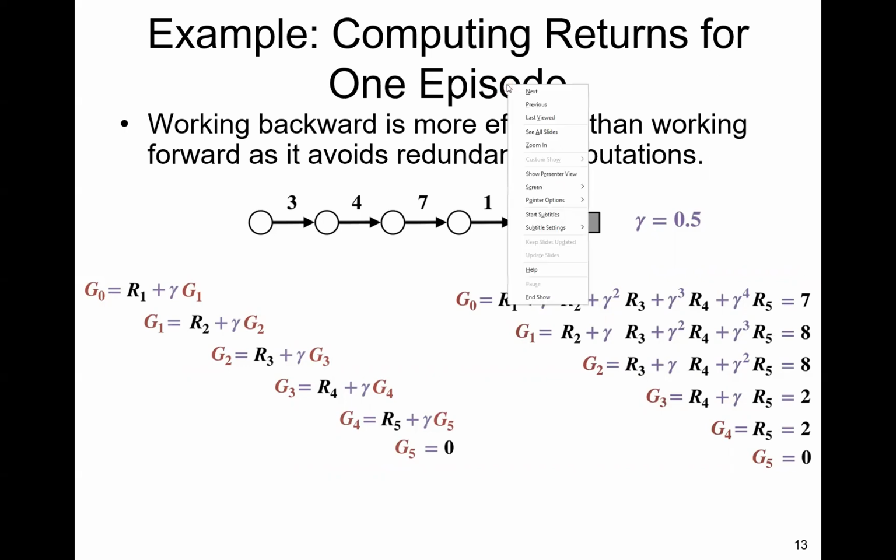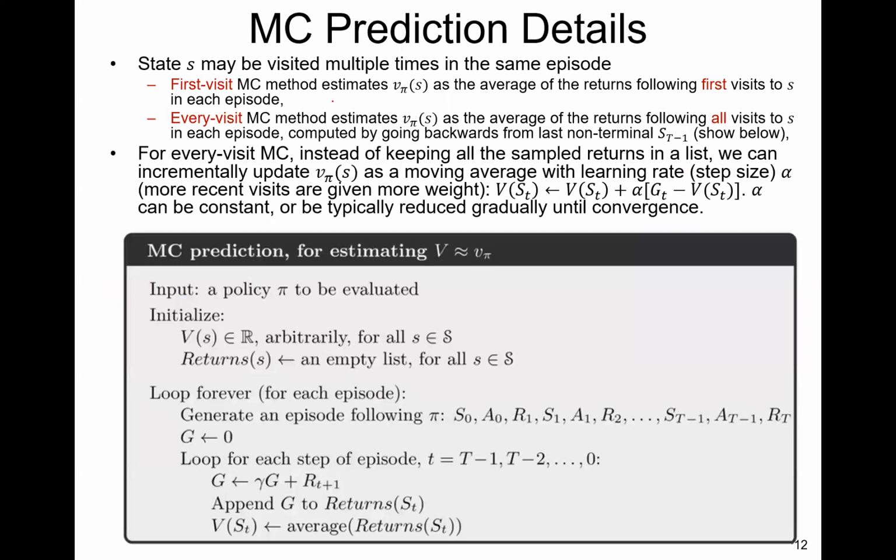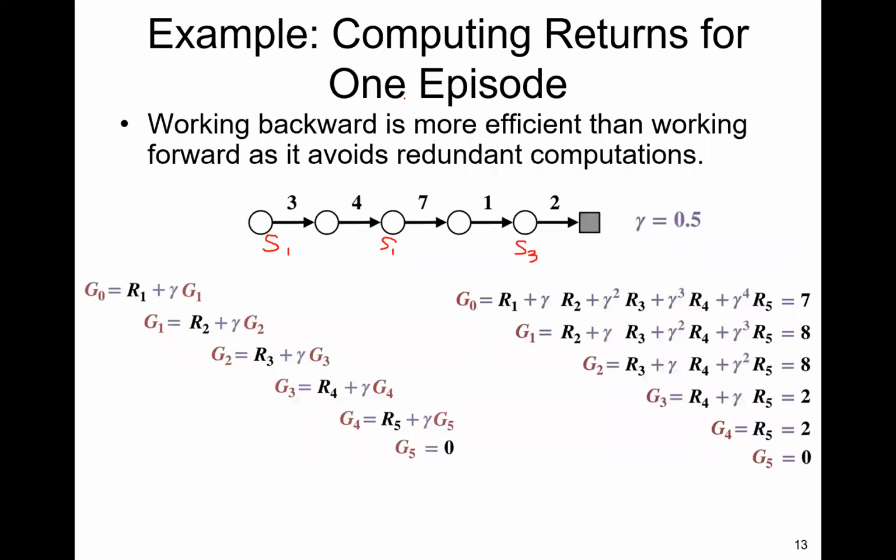So suppose this trace contains multiple visits to the same state. Suppose this is the same state, S1. It's visited 3 times in the trace. Then the return based on the first visit MC should be the value of G0.